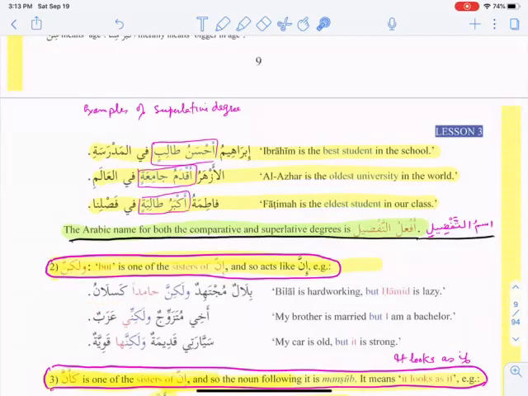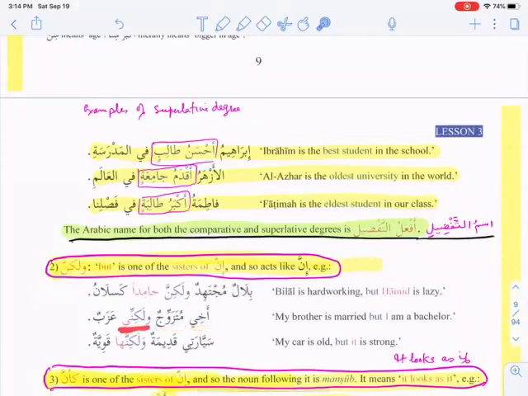So lakinna, do you see Hamidan? So what is Hamidan? Ismu lakinna, mansub. It has to be. And then kaslanu, what is kaslanu? It is khabar lakinna. Please try to understand. Akhi, my brother, mutazawwijun. He's married.